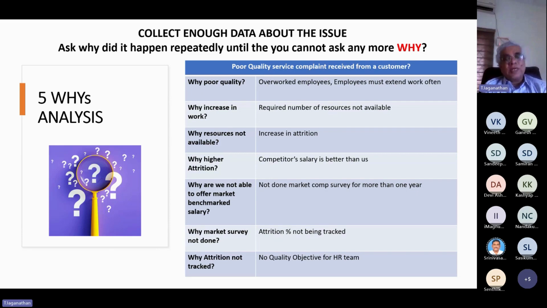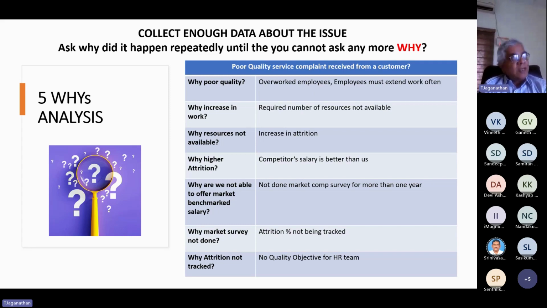So don't stop with that. What happened? Why are you not having 5 technicians? Why are resources not available? Then he says, what do I do? I take 5 technicians, every month 2 people keep resigning, and I end up with 3 only. Every month, 2 people are exiting, so I'm never getting the 5 people I want.